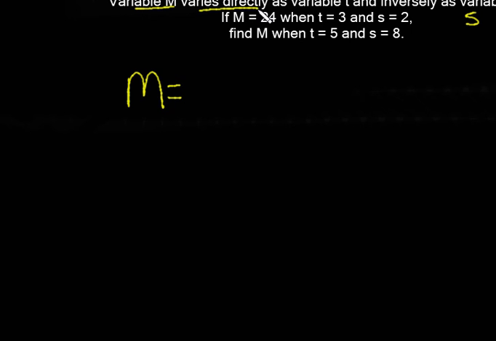The inverse part is that. We don't need a separate K because this K takes care of the T and the S. If they were separate, you would be able to mush them together into one K anyway. And then, of course, it gives you some starting conditions to figure out what it has to be.